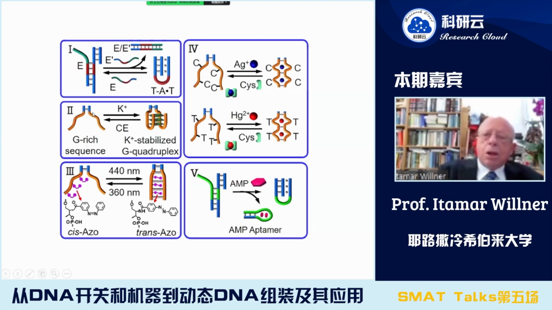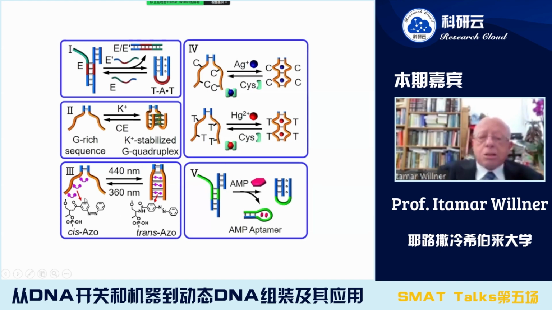We can take single-stranded nucleic acids, bridge them by metal ions, and separate them by ligands. For example, C-C bases, we can bridge by silver ions and separate them by cysteine. T-T bases, we can bridge by mercury ions and again by cysteine, separate them.